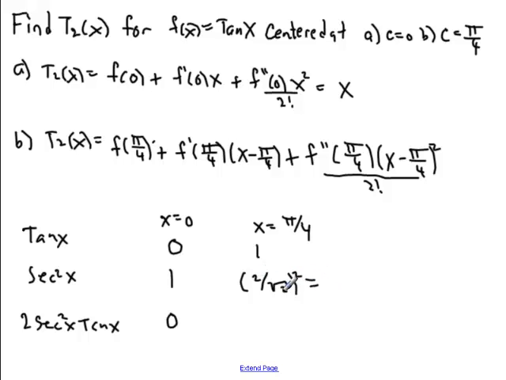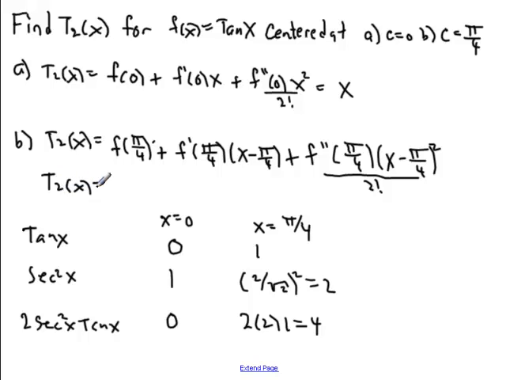So that's going to be 4 over 2, which is just 2. This is going to be 2 times, we've seen that before, 2 again, times 1, which equals 4.